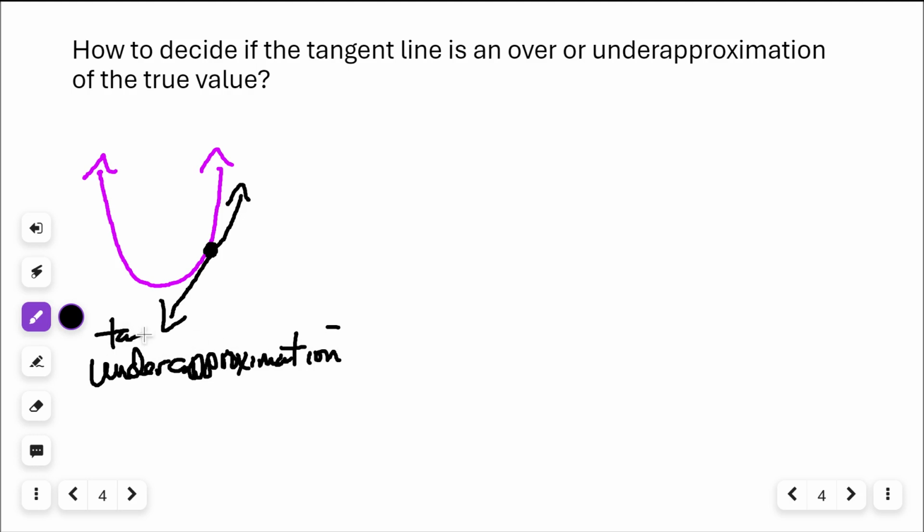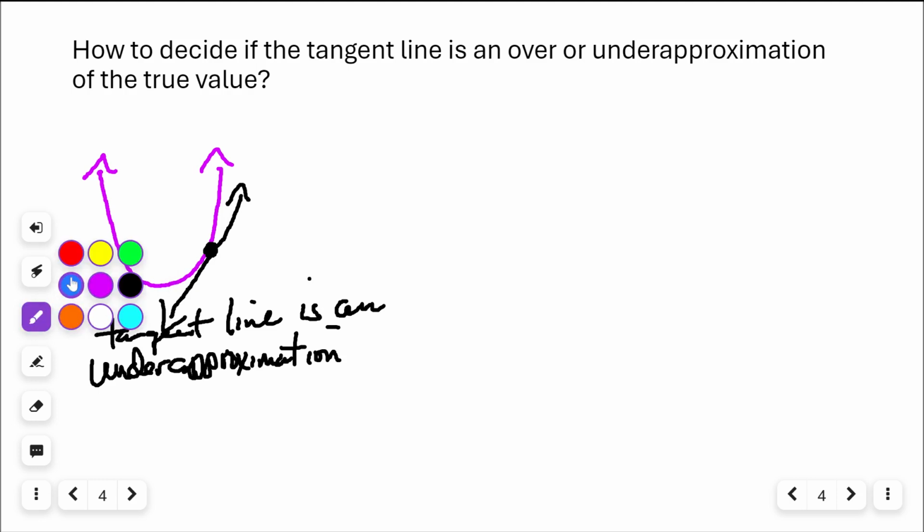So the tangent line is an under approximation to the true value, right? Because the tangent line is underneath the actual curve. So the y values that come out for this line are definitely going to be smaller than the y values that come out for the parabola.